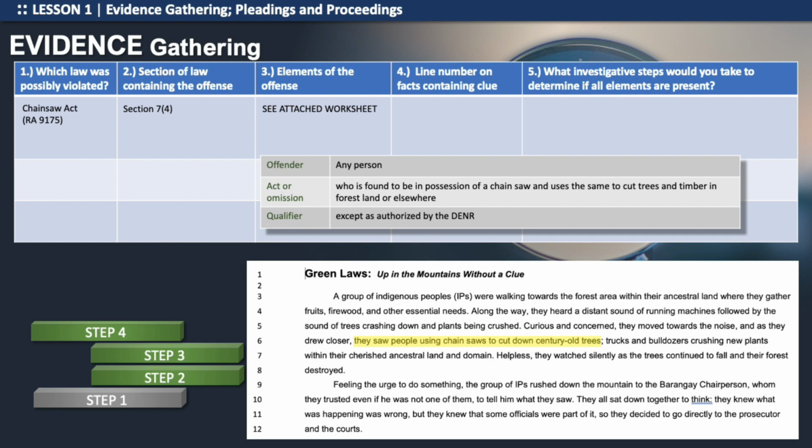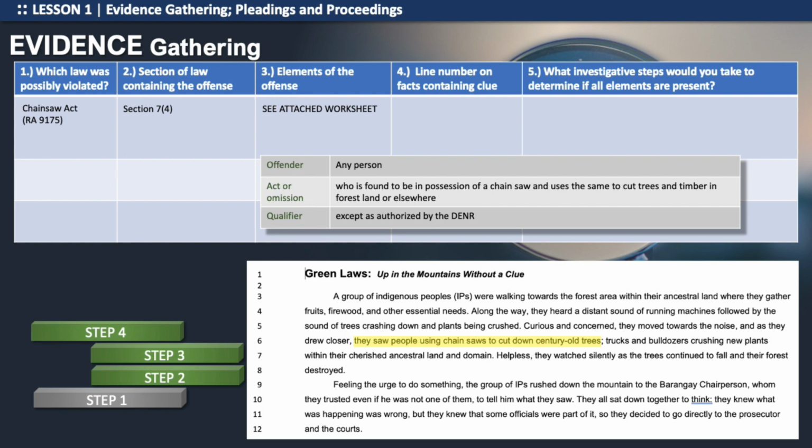So the general rule is they are committing a prohibited act. The exception is if DNR authorizes them, and of course that means a permit or some license or something of that sort.